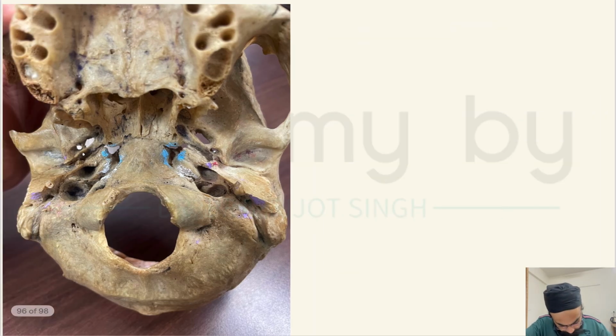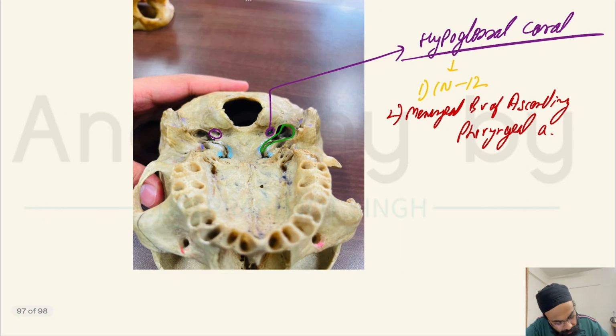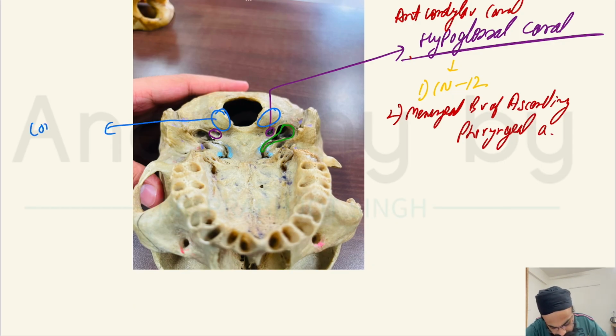Okay, then the last, that is this foramen. The hypoglossal canal is also known as the anterior condylar canal. Why? Can you appreciate these articulating condyles for the first cervical vertebra? These are the condyles which are going to articulate with C1.